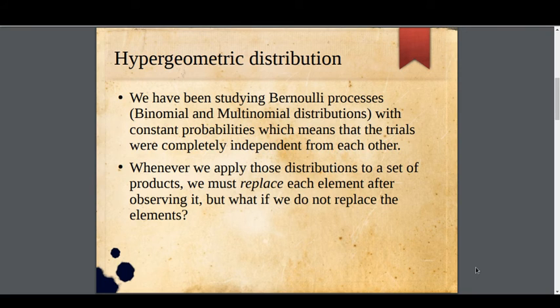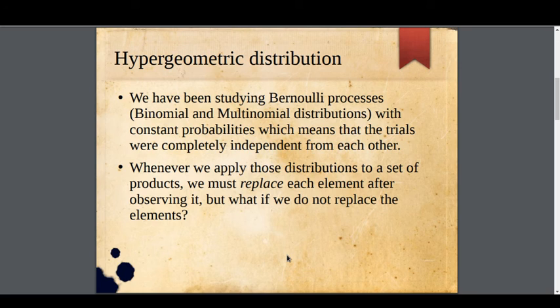Because the number of elements in the first trial is n, and we have the same number of elements in the second trial, and so on until the umpteenth trial. So the number of elements never changed. That allowed us to have completely independent trials.